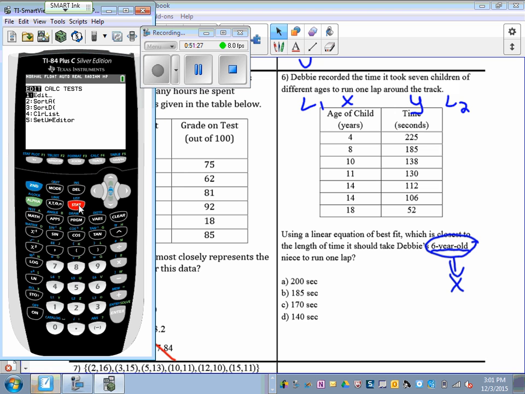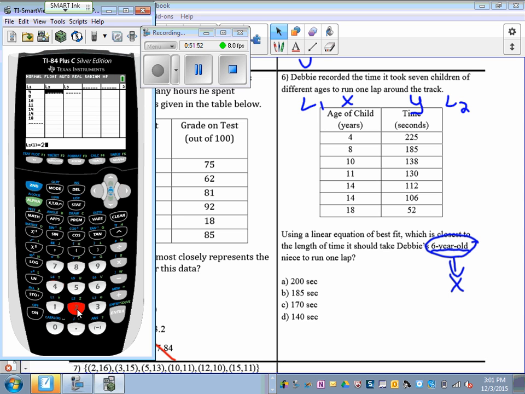So again, stat, edit, clear my lists, clear, clear again, down, type in my X values, so 4, 8, 10, 11, 14, 14 again, and 18.